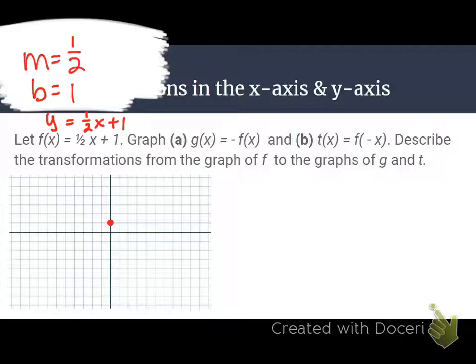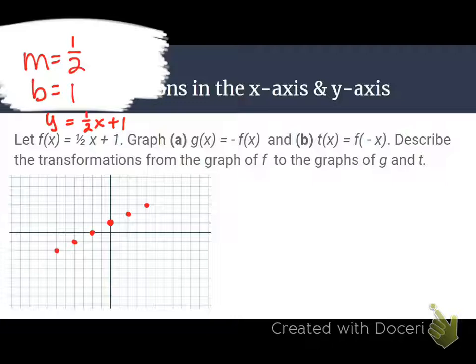If my slope is positive 1/2, where could I go to get another point? Up 1 and then? Right 2. Up 1, right 2. We could do that a few times. Or, good, down 1, left 2 a few times. Okay, and we have several points that are on our graph.